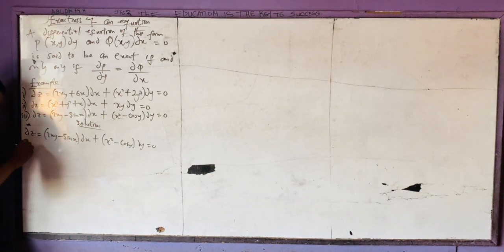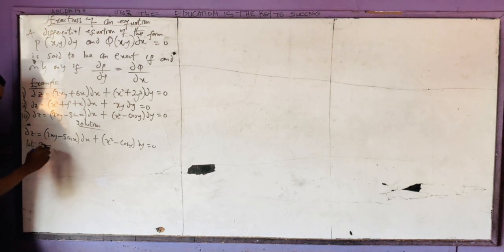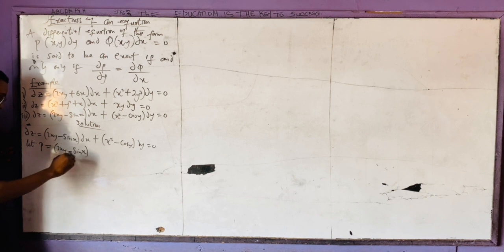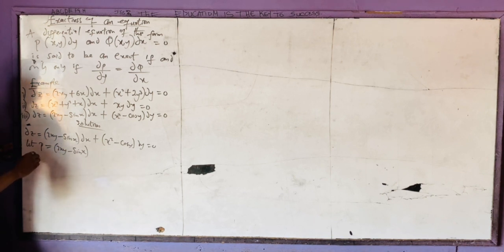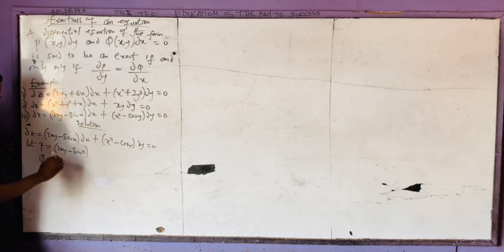So let p equal 2xy minus sine x. At the same time, let q equal x squared minus cos y.